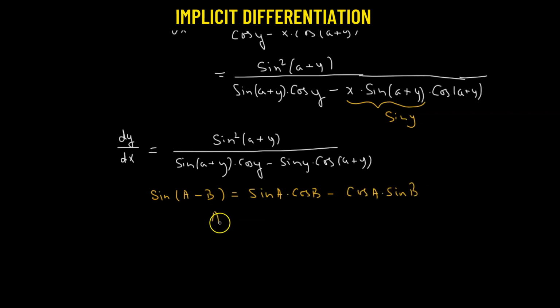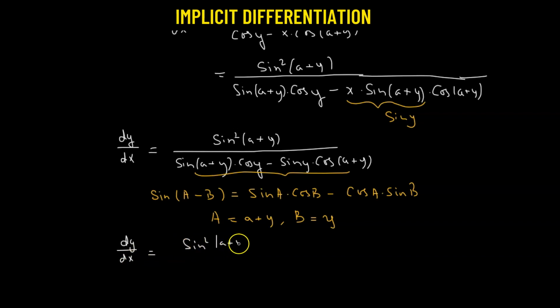So here if we assume a to be equal to a + y and b to be equal to y, then this entire expression in the denominator can be reduced to sin(a minus b). So a here is a + y minus b, which is y.